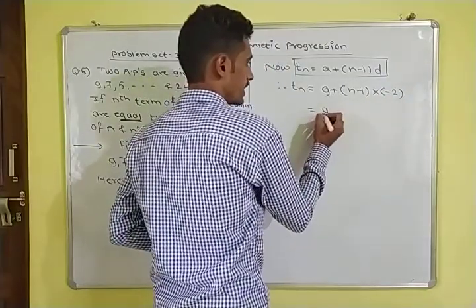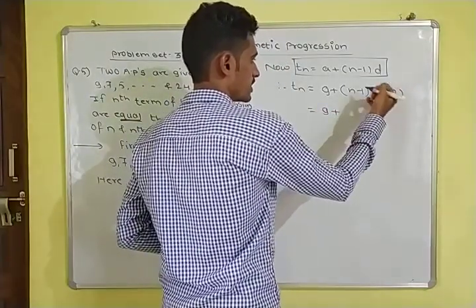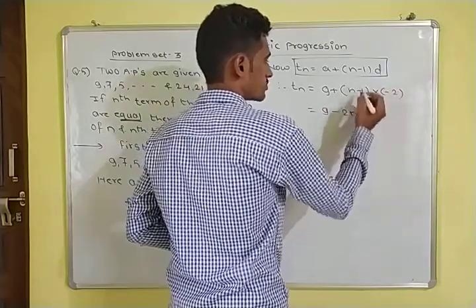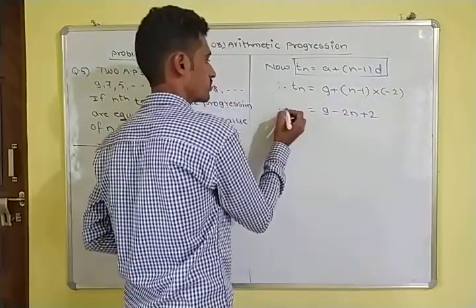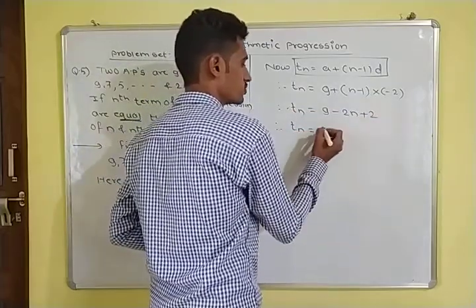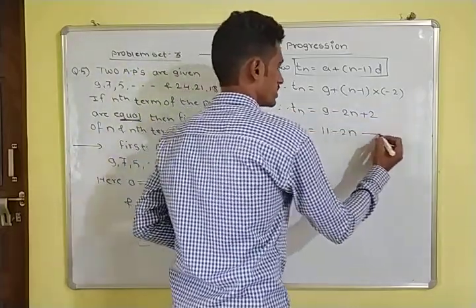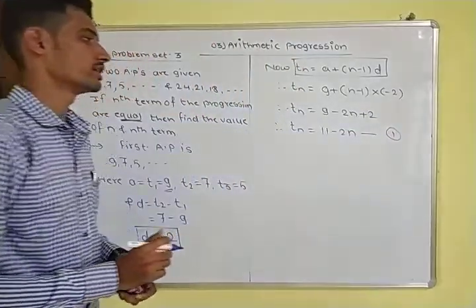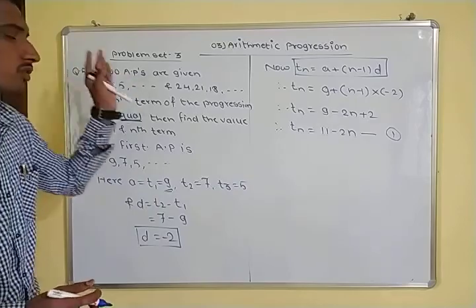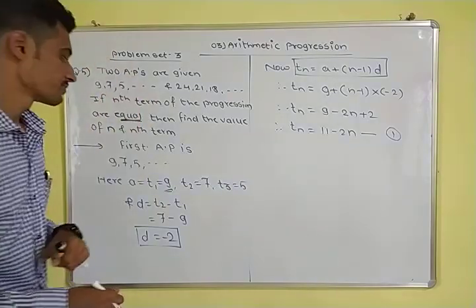So that is 9 plus minus 2 into n, minus 2n, minus into minus, plus 2. Therefore Tn is equal to 9 plus 2, that is 11 minus 2n. Call this equation number 1: 11 minus 2n. This is for the first arithmetic progression.